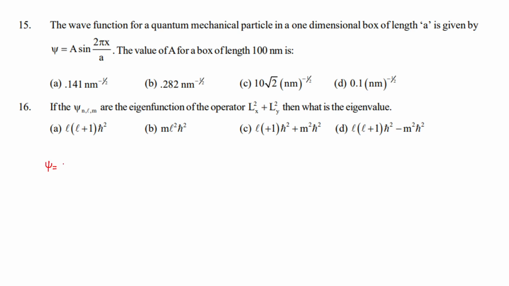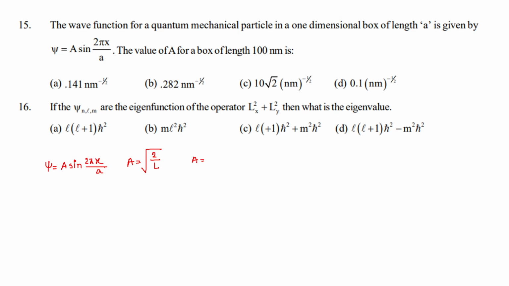Psi is A sine 2 pi x over L. So you know what A is, right? A is going to be root over 2 by L, and that is a sine function, right?